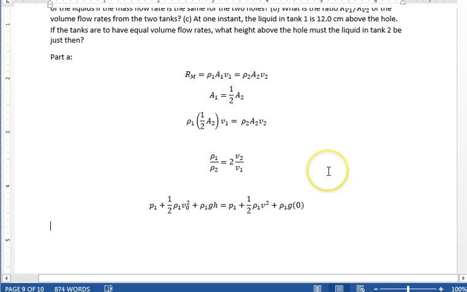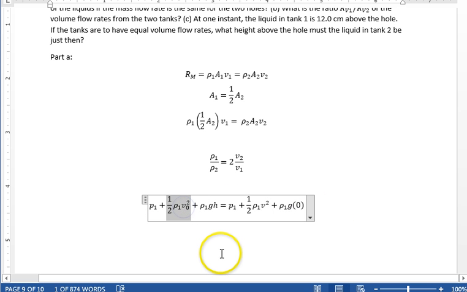The key point they have here: if this tank is very large relative to the size of the hole, then the velocity at the top is going to be very, very small compared to the velocity coming out of the hole at the side. So we're just going to ignore this term. This and this cancel out. That's 0.